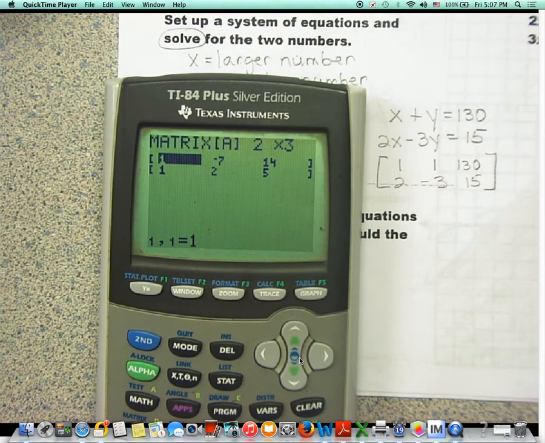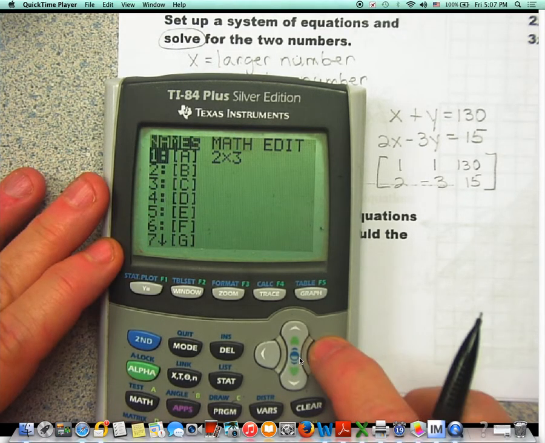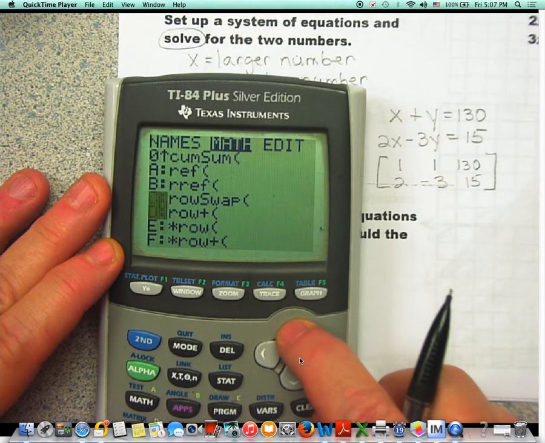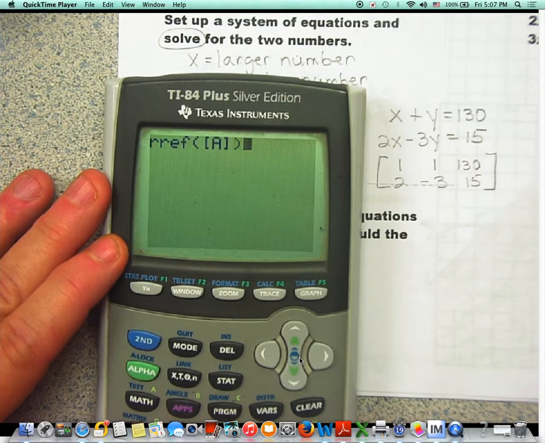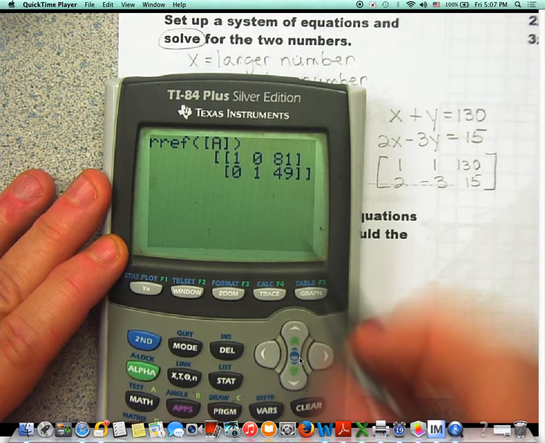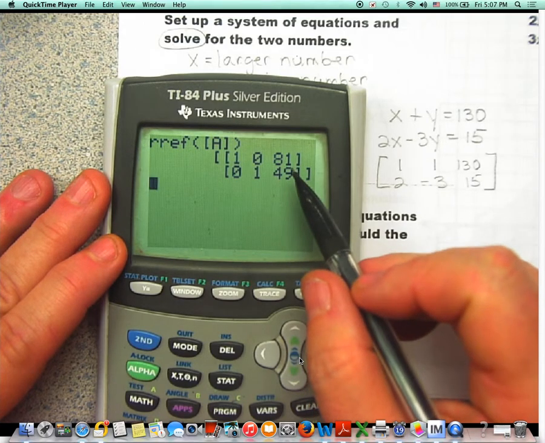And I'm going to put 1, enter, 1, enter, 130, enter, 2, enter, negative 3, enter, 15, enter. Now I'll do second, quit, second matrix, math, RREF, then second matrix, enter A, and I get diagonal ones, which tells me that this is probably correct, and I've got 81 and 49.